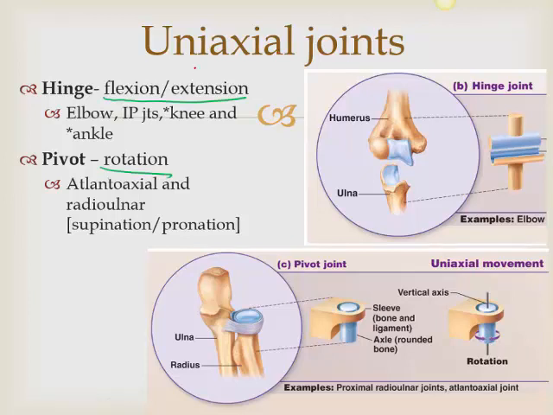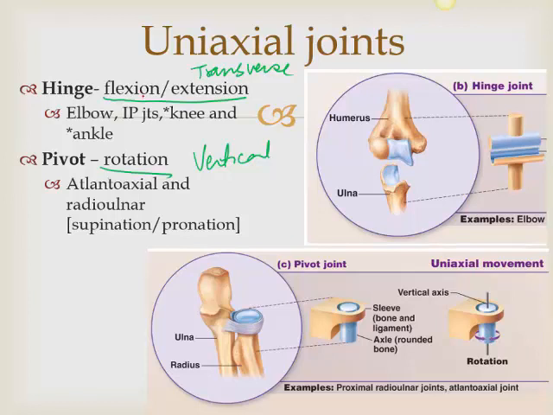So flexion, extension, which occurs in a transverse axis, or rotation, which occurs in a vertical axis. So those joints which allow just flexion extension to occur act like a hinge, like a door hinge. So your elbow joint is a very good example. You can just do flexion extension at the elbow.